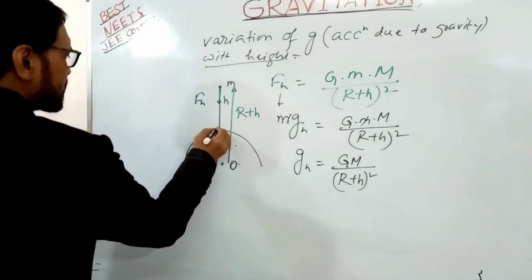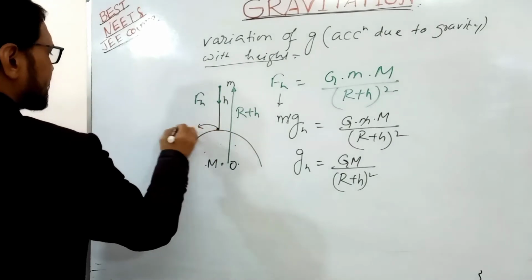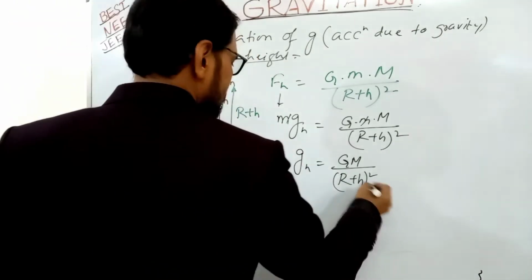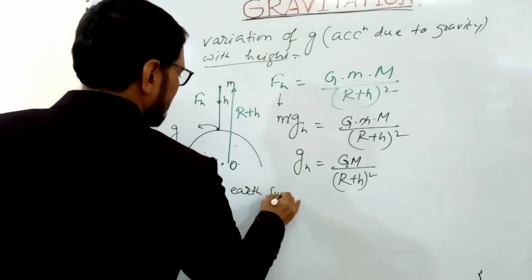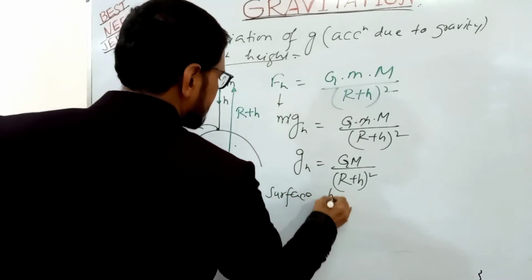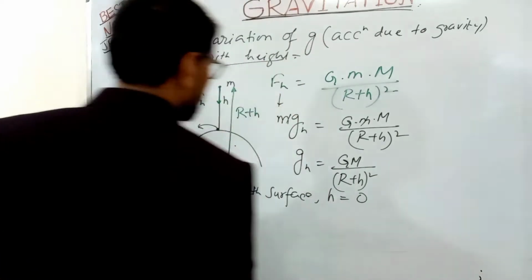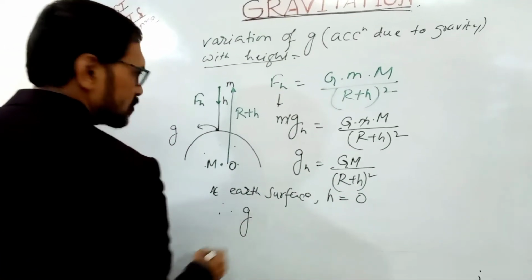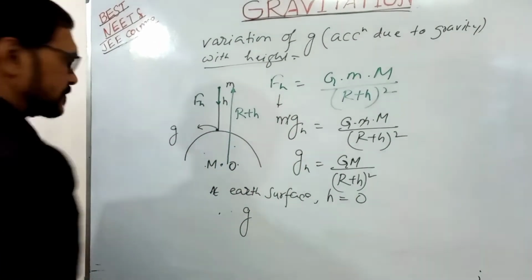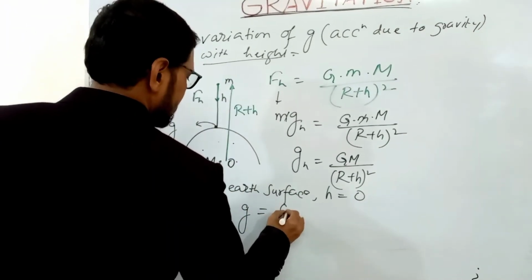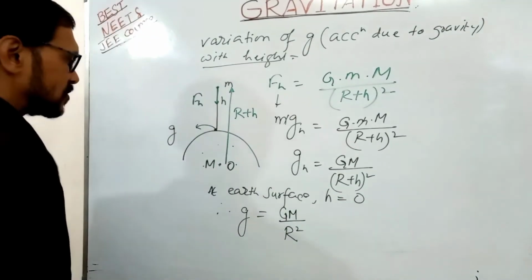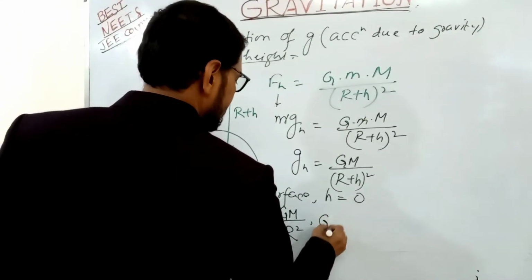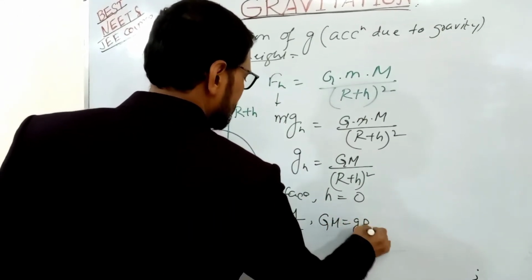Now at the earth surface, h equals 0. So g equals GM by r square, that is, GM equals g r square.